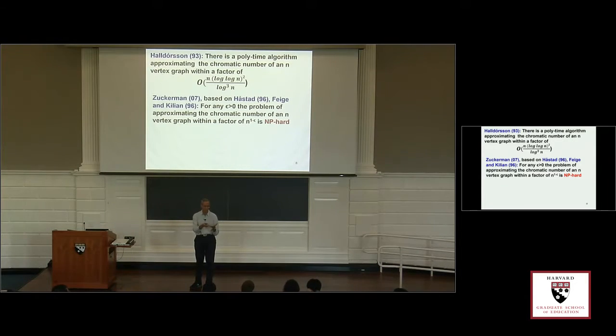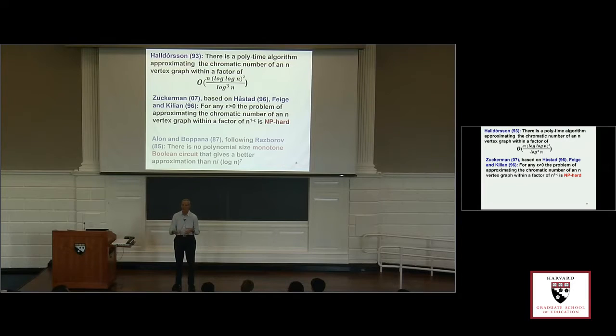Namely, we can say that if P and NP differ, or if some problems are difficult, then also approximating the chromatic number is difficult. Or we can say that some things are hard to do in some restricted algorithms. If we don't allow the algorithms to do anything, but we allow them to do only some specific things.